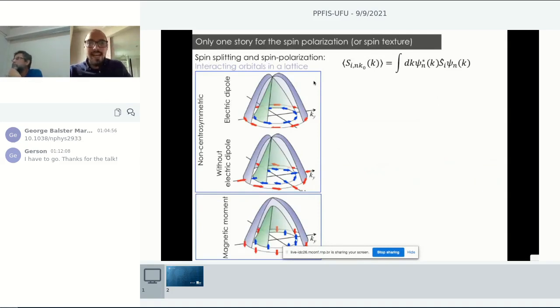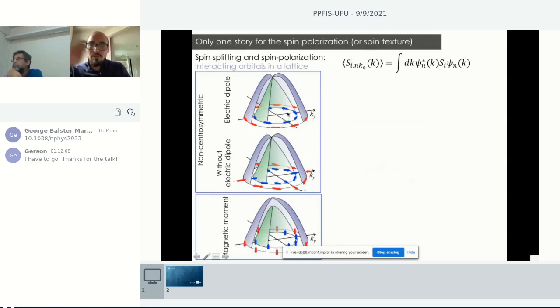And it's very nice how this output gives us a basic idea of what is happening with the spin polarization for specific components. For instance, we know now that when we have an electric dipole, we expect to have a pattern like this, this spin polarization pattern here.